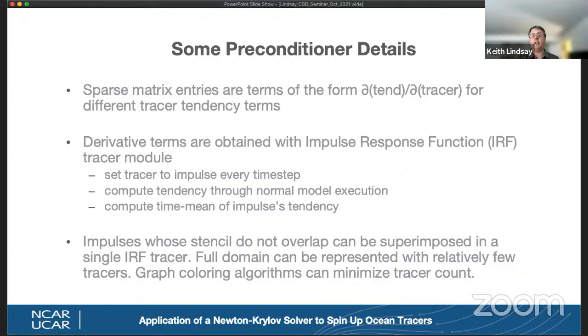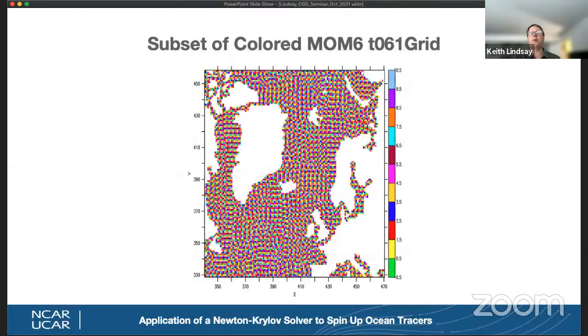And this gets into a neat application of graph coloring algorithms to minimize that IRF tracer count. This is showing what happens if you apply one of those algorithms and zoom in to the MOM 2/3 degree.